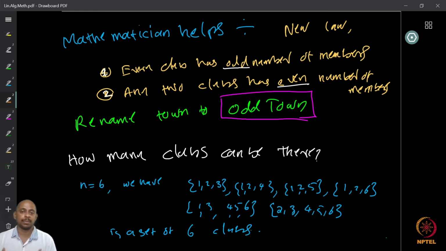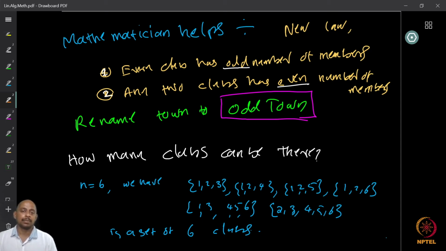Of course, because every club has an odd number of members. Now one can see immediately why the third rule is not necessary. The third rule says that no two clubs must have the same set of members.